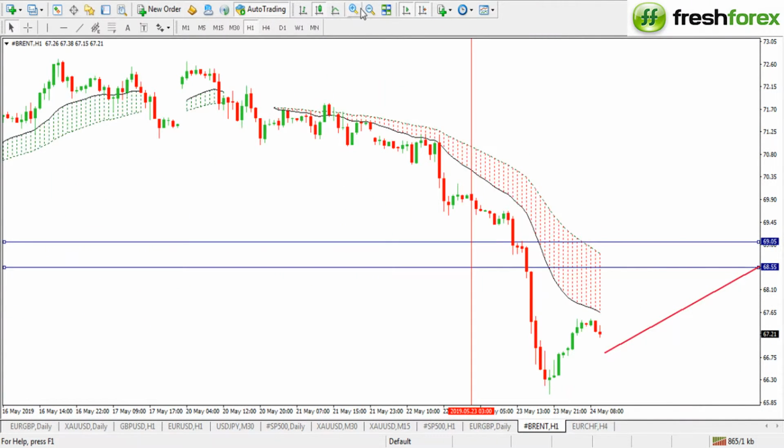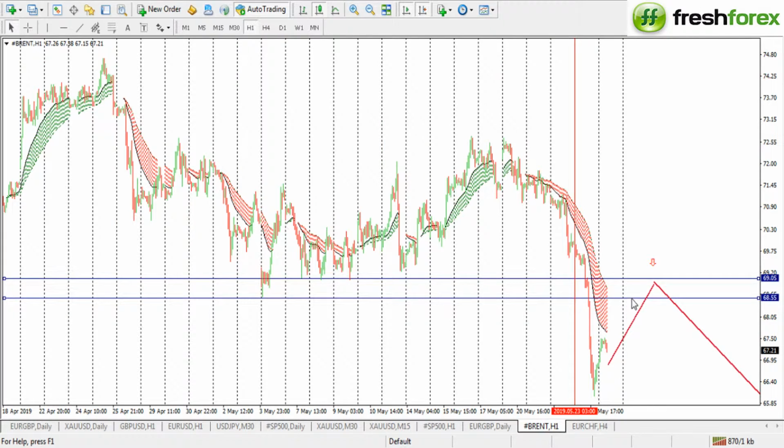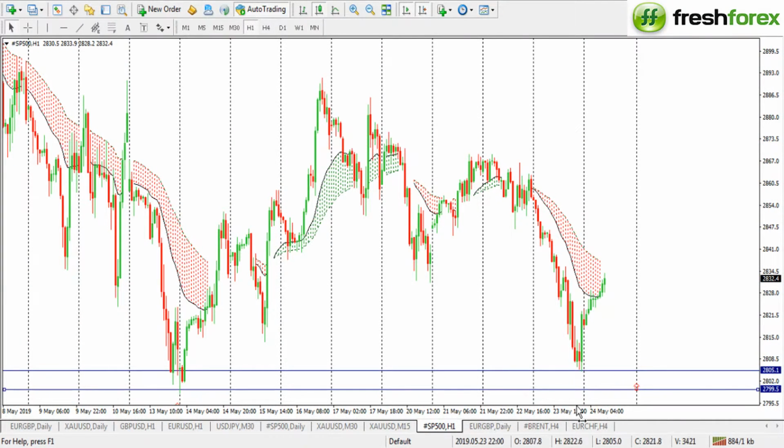Then on the 1 hour we are also sellers, we are still selling. You need to wait for price to retrace back upwards. Let price come up to this level, then pick a sell from that point up to this level. So on Brent oil we are looking for a sell. SP500 we're waiting for a buy from within this zone, 2805.1, 2799.5.